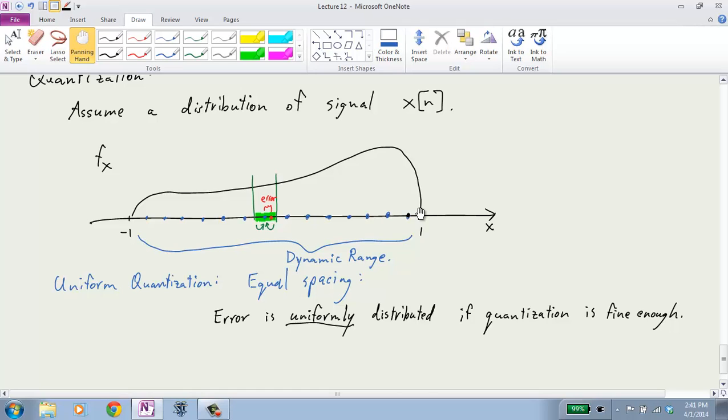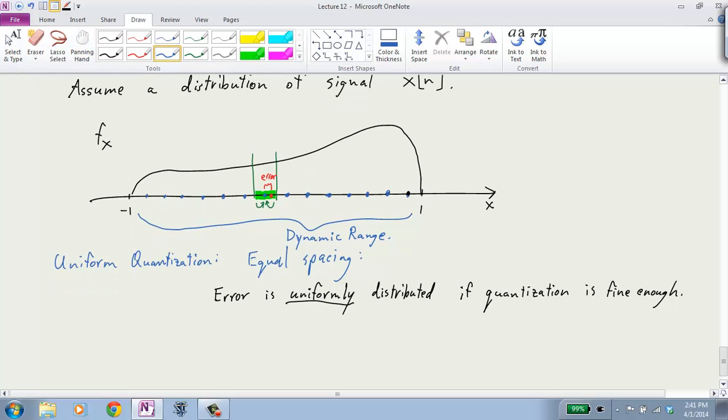Okay, so we'll take that dynamic range and say, if I use a certain number of quantization points, then the magnitude of the error is going to be less than or equal to the dynamic range, I'll say DR, over 2, over the number of quantization points.